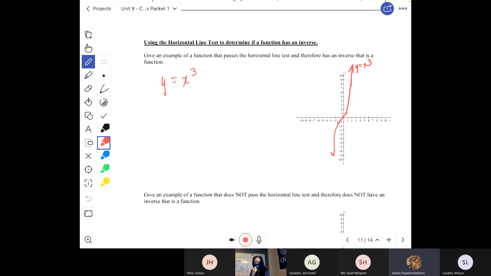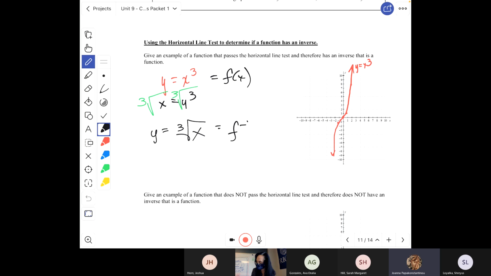Now, if I wanted to find its inverse, I could interchange the x and the y, and I could solve for y. And I would get y equals, is it just the cube root of x, or do I need a plus or minus? Just a cube root, because the root index is odd. Good. So if I called this f of x, then this would be f inverse of x.